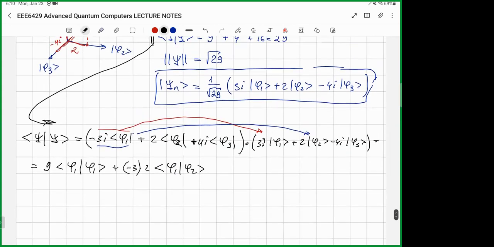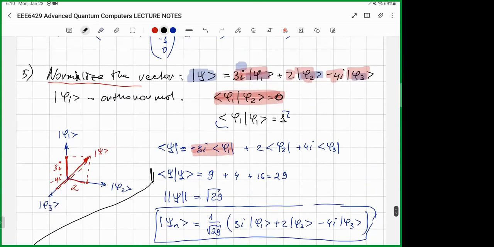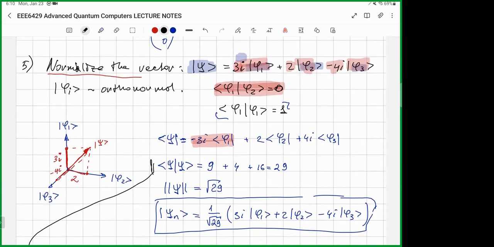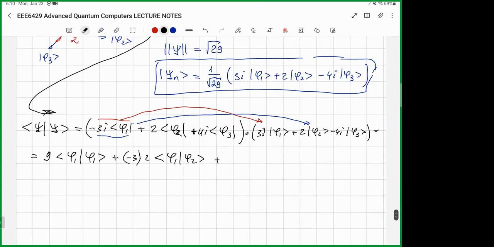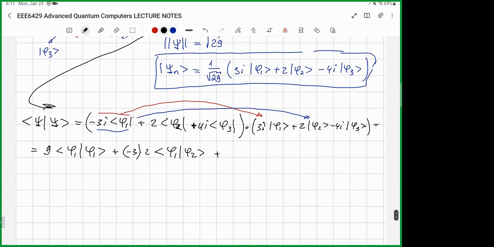But this term is equal to 0 because the vectors are orthogonal, so their scalar product, their inner product, is equal to 0. And the same way, all other products of different vectors, like phi1 phi3, phi3 phi2, etc., are equal to 0 and don't contribute to the final result.